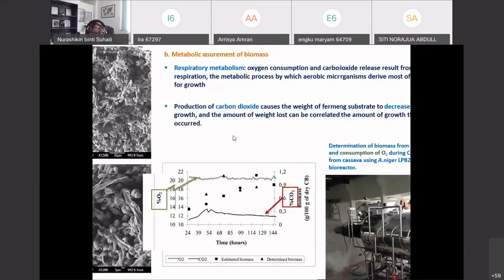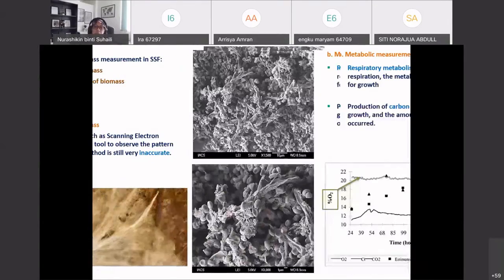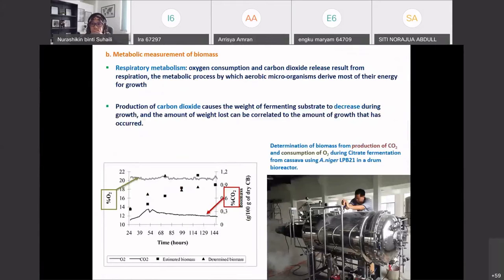Where were we just now? Oh, about this one, right? Direct evaluation. Okay. So for solid state fermentation, how are we going to measure the biomass, how are we going to know whether our microbes grow well or not during the fermentation period? One of the options just now is observing under the microscope. Okay, that's one of the ways.